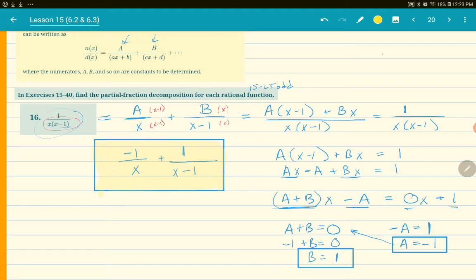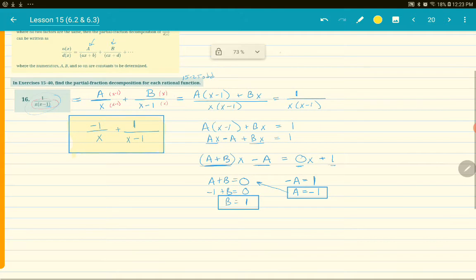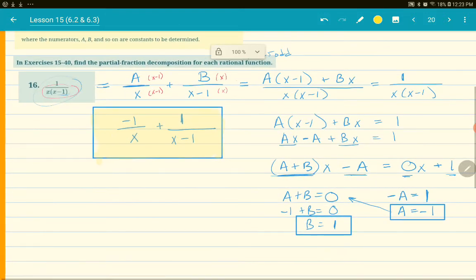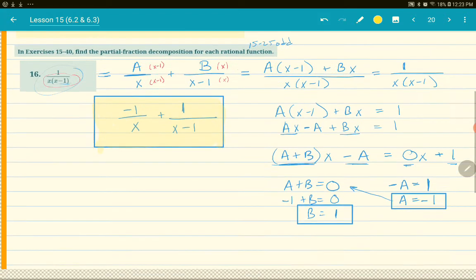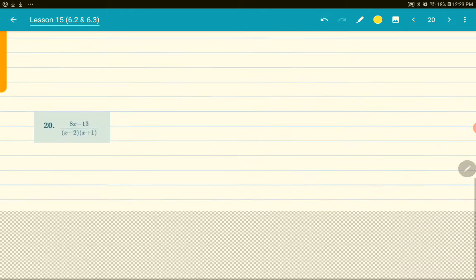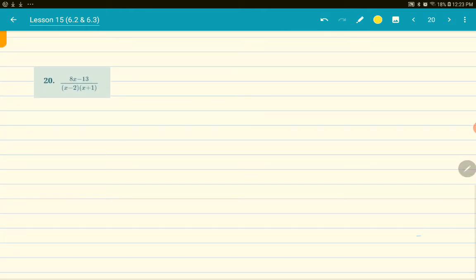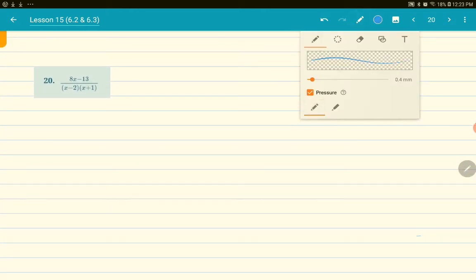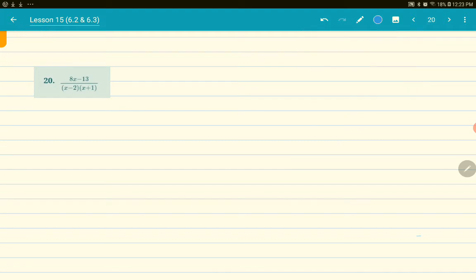Okay, let's do another one. So again, my denominator has already been factored, and I can see it's distinct linear factors.